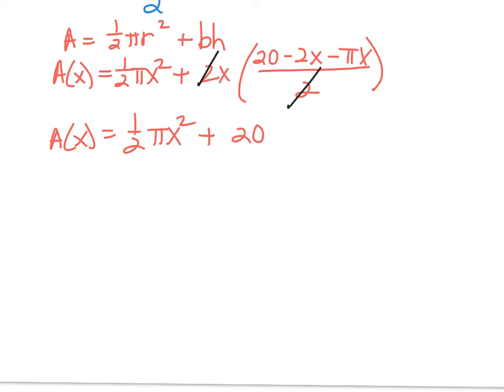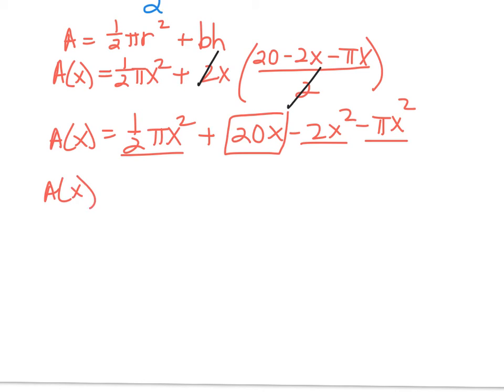Now distribute the x through. Now remember, it would be nice if we could just graph this thing and see the max, but for this lesson, I really want to focus on using negative b over 2a. Well, the b part's easy. Here's the b part, all right? But the a's are all of these x squareds. So I need to figure out algebraically the best way to combine them.